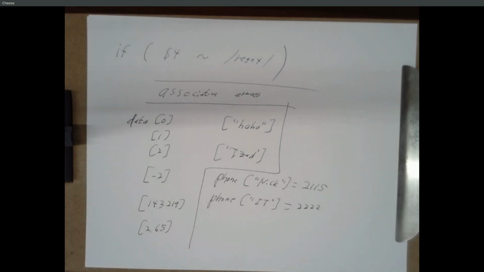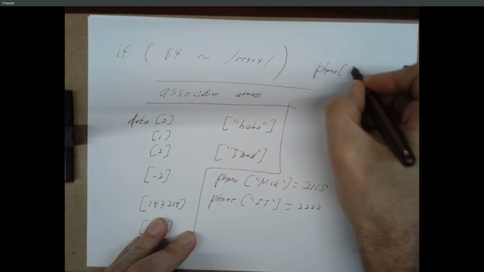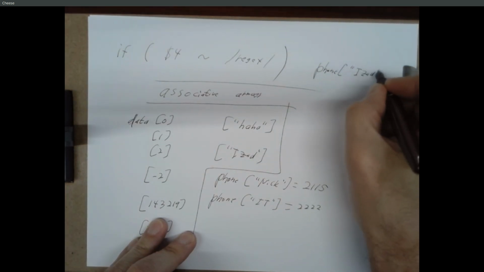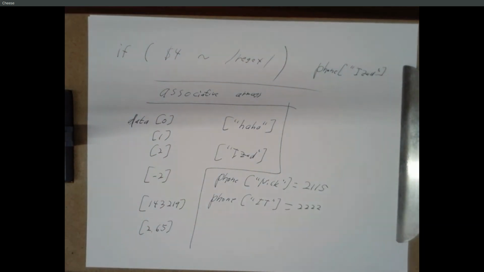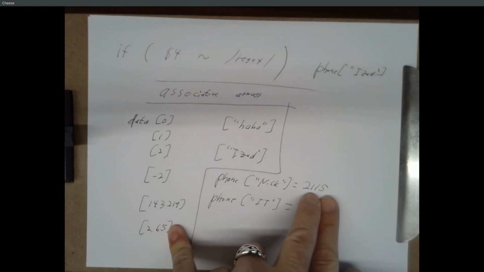I don't think it is. 2222. And so I can make this array, and if I want to know Izad's phone number, I just say print phone["Izad"]. And it'll print out the 4-digit number for his extension, assuming I've saved it. It's associative in the sense that with this piece of data, this key, there's another piece of data, this value, associated with it.